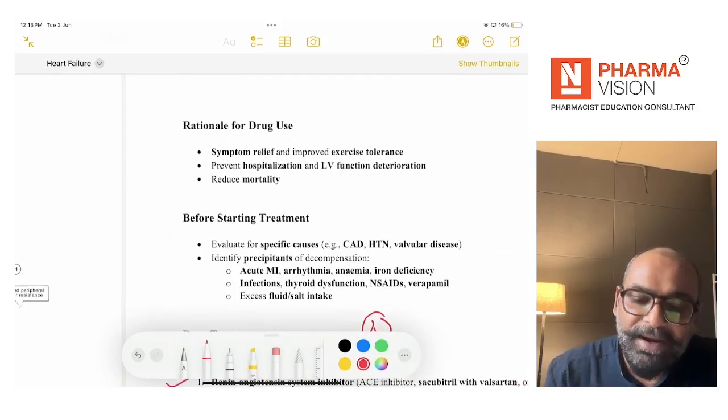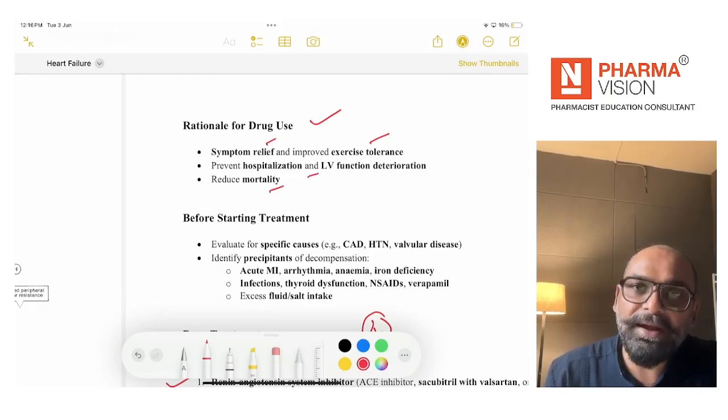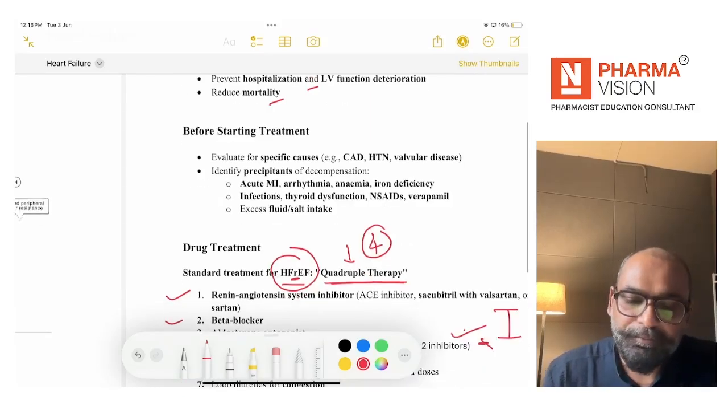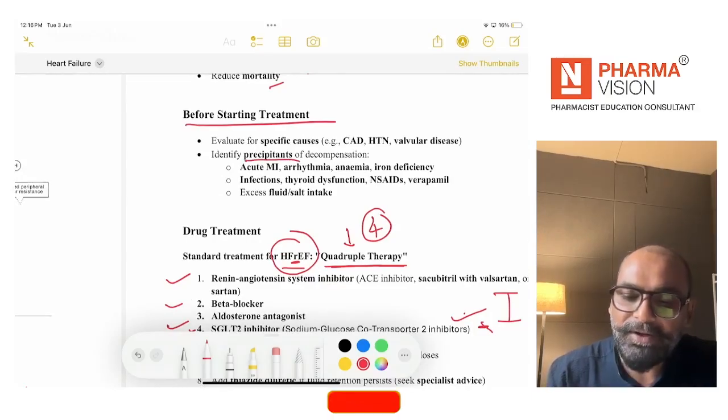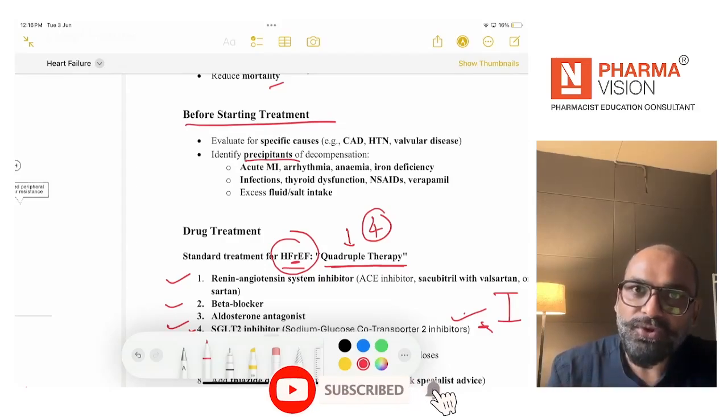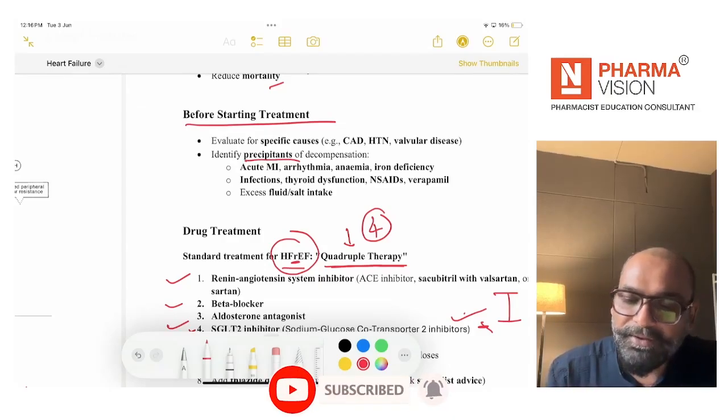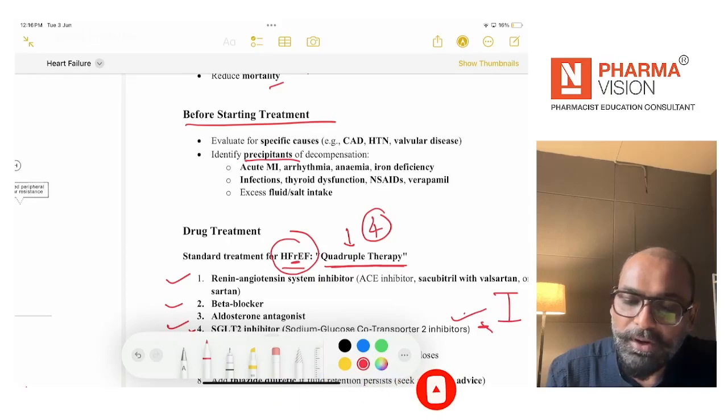Okay, what is the rationale for the management of the heart failure patient? Relieve the symptoms, improve exercise tolerance, reduce hospitalization, and reduce mortality. Okay, before we start the treatment, we have to find out the precipitating factors. What is the main cause of heart failure? Other cardiovascular conditions or other conditions like anemia, thyroid function, NSAIDs, verapamil, other medications.